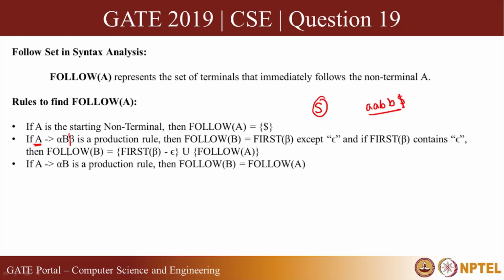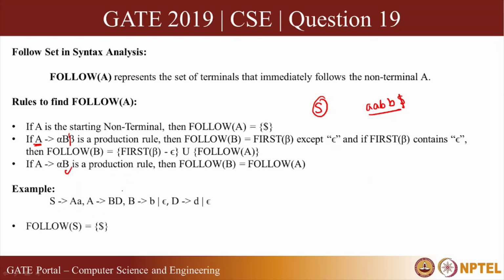So let's see the third production rule. A goes to alpha B is a production rule. Then follow of B is equal to follow of A, because we can see that after B there is nothing. So whatever terminals come after A will be in follow of A, and will also be in follow of B. So let's look at the example. Suppose this is our grammar.